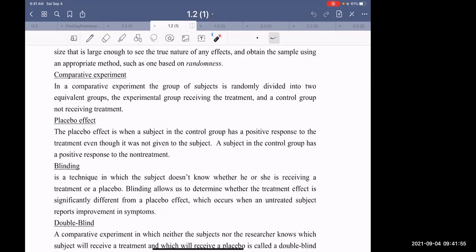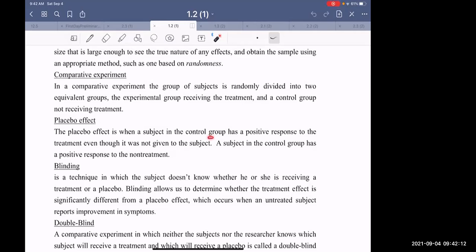A placebo effect. The placebo effect is when the control group, the one that does not receive a treatment, has a positive response to the non-treatment.